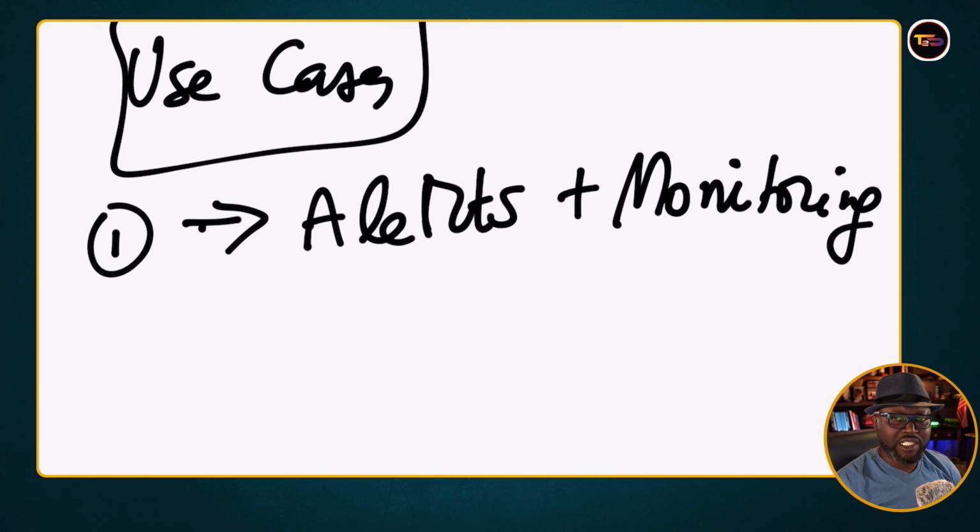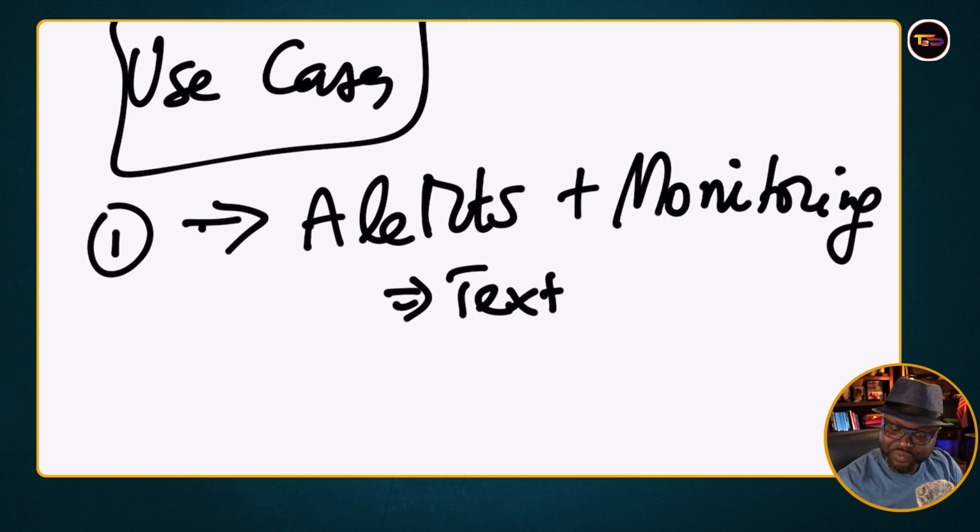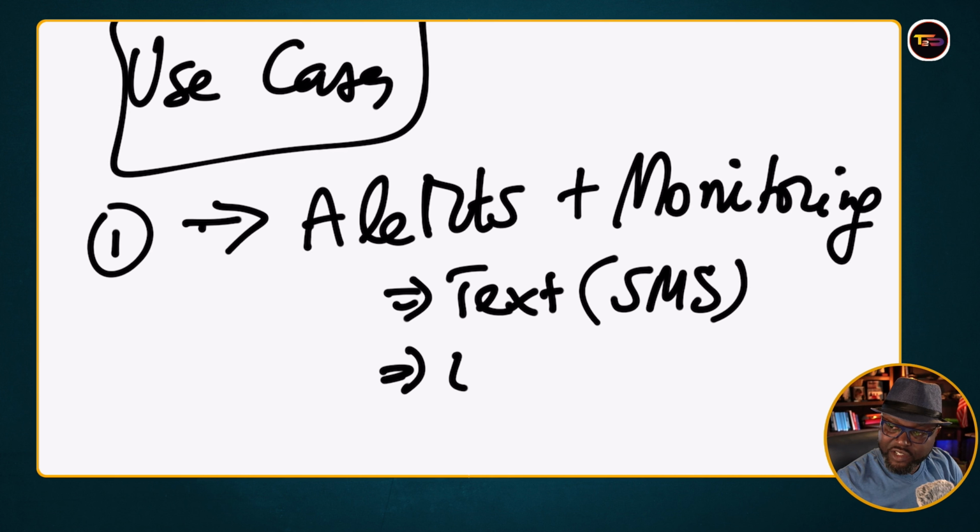Let's say it's a VM, a virtual machine, or an application that's failing. Then you have already configured your infrastructure to send out a notification to one of the developers so that they can receive either a text message like SMS, or an email.